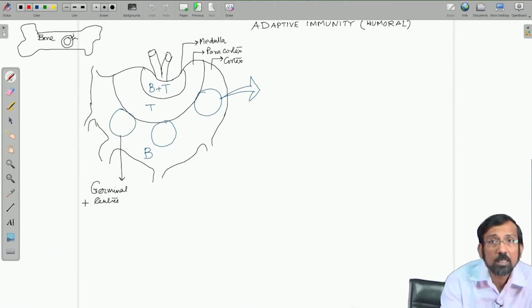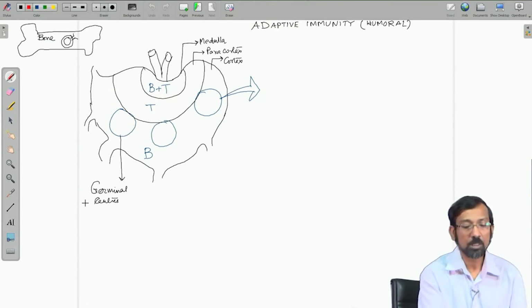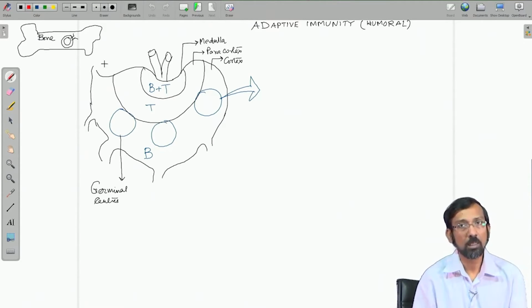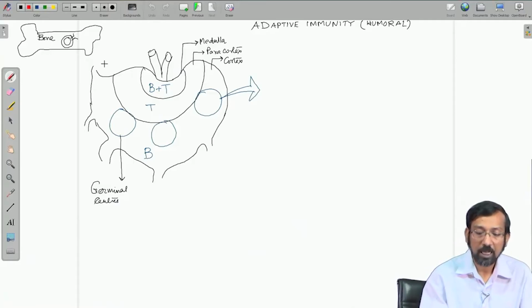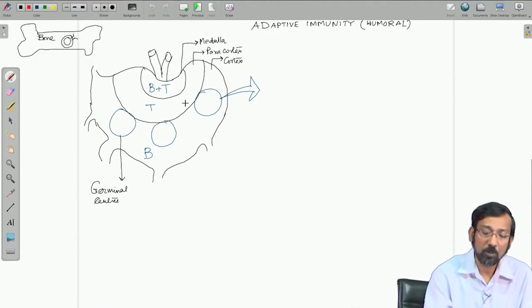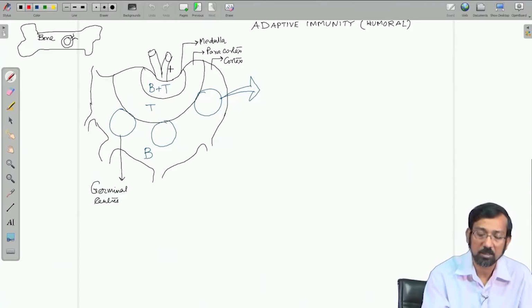Now, these mature B cells come to this lymph node. As I told, there are three distinct sections of the lymph node, that is the medulla, the paracortex and the cortex. This medulla is primarily the site of the B and the T cells, so it hosts both the B cells as well as the T cells.